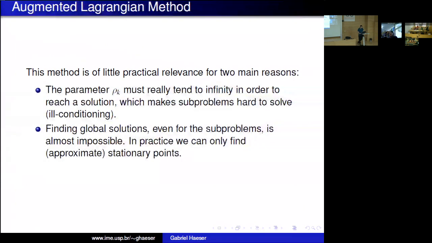In this lecture, I will assume that the subproblems are unconstrained. So we penalize with respect to every constraint, and we want to develop some strategy to keep this parameter rho_k bounded. We'll try to do this.